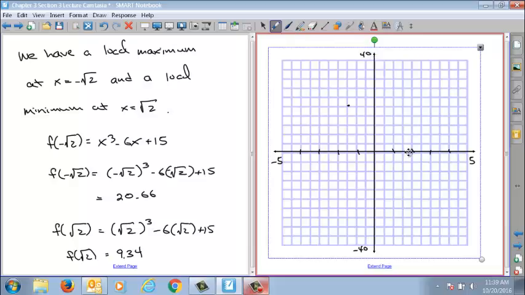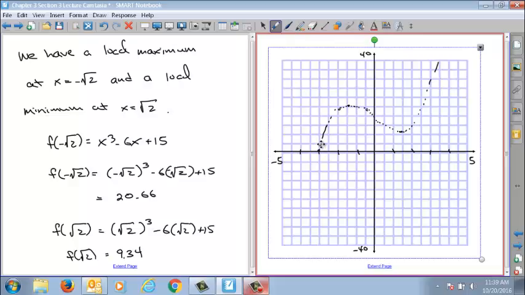So 4, 8, and then slightly higher than that, about right there. So that's the minimum. If you draw this in, it's going to look something like that. Come down to there, and then it'll go back up like that.